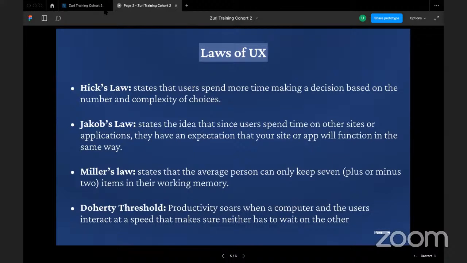While you guys are answering that, let's go to Miller's law. Let me know what you think. What do you understand by Miller's law? Also, do not write the same thing that's written on my screen.